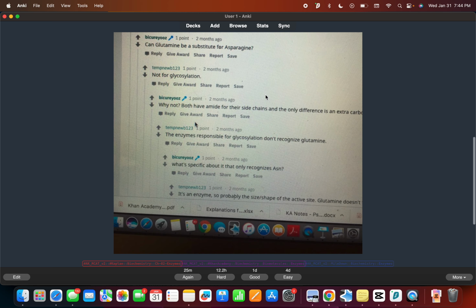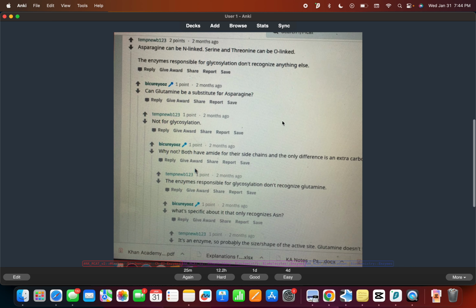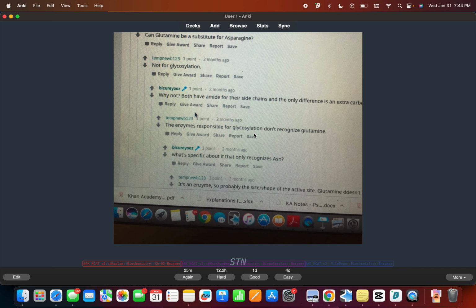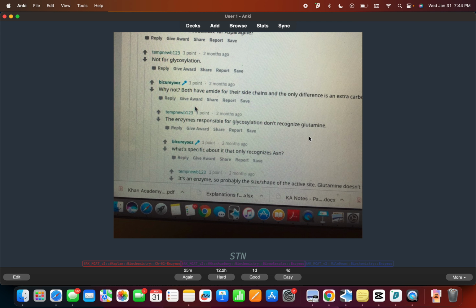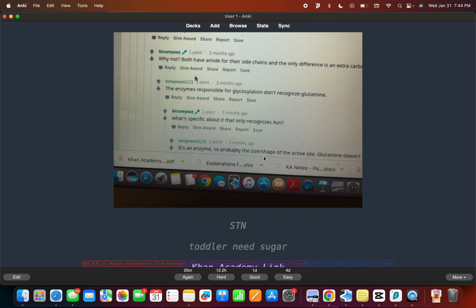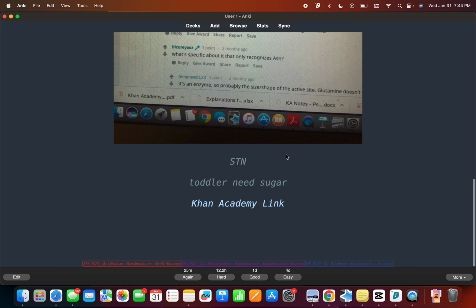Both have amide side chains, and the only difference is an extra carbon. The enzymes responsible for glycosylation don't recognize glutamine. What's specific about it? It's an enzyme, so probably the size and shape of the active site. Glutamine doesn't fit. Toddler needs sugar. STN. Toddler needs sugar.